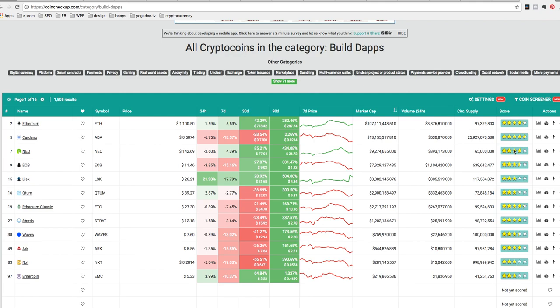So it's below the other three leaders: Ethereum has 84%, Cardano 91%, and Neo a 73% rating. So 69.4 is just below Neo, but like I said, it has a lot of developer activity, so that's good.